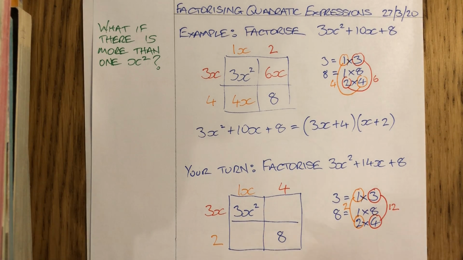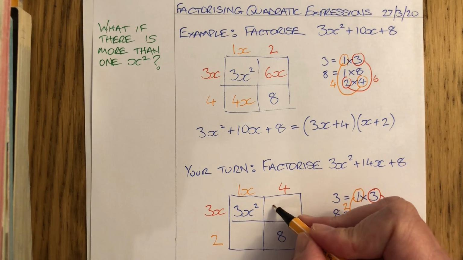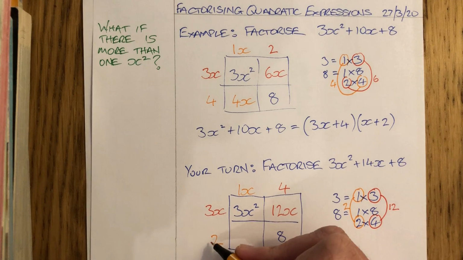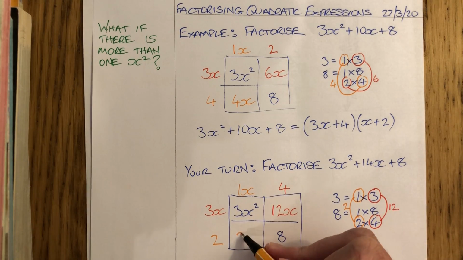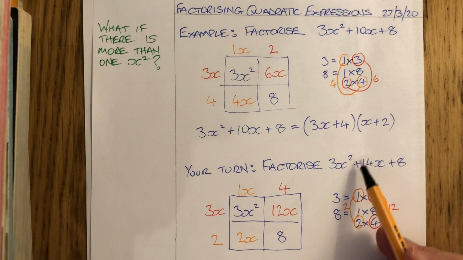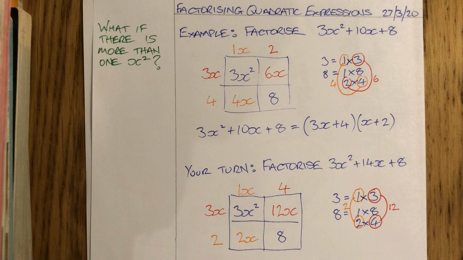And let's see what we get. Well, 3x times 4 is 12x, and 2 times 1x is 2x. So what we've got here then is 12x add 2x makes the 14x in the middle.